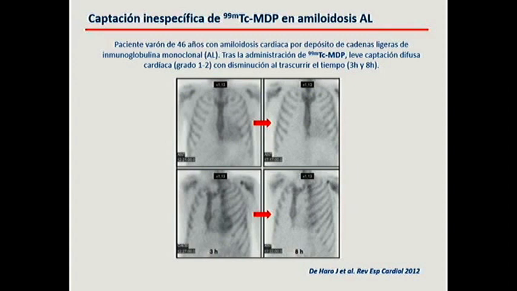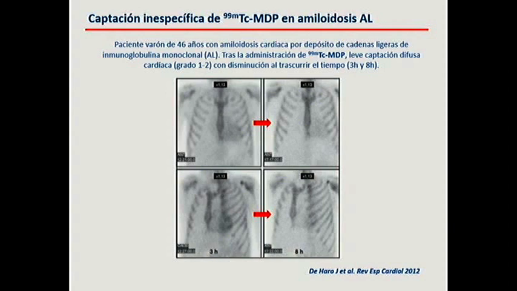MDP is a bad tracer for amyloidosis. Unfortunately, it's the most widely used for bones, but it's a bad tracer for ATTR amyloidosis and also for AL. There's a certain degree of uptake which is not specific. And why do we know that it's not specific?